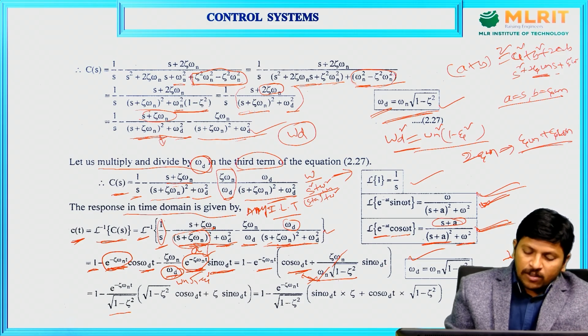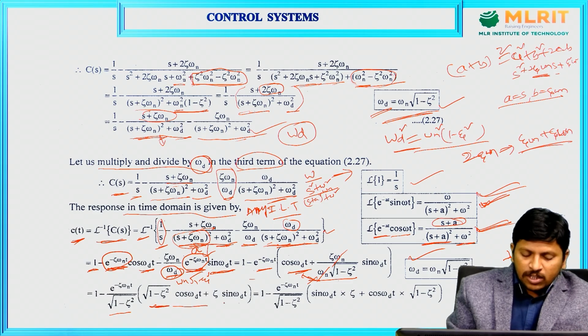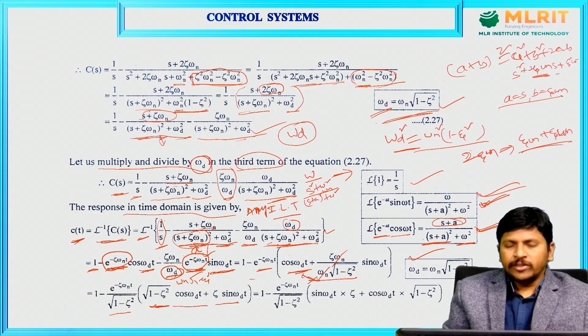Here, square root of 1 minus zeta square is common, and this one is multiplied: square root of 1 minus zeta square cos omega_d t plus zeta sin omega_d t. Observe, I am going to draw the right angle triangle.